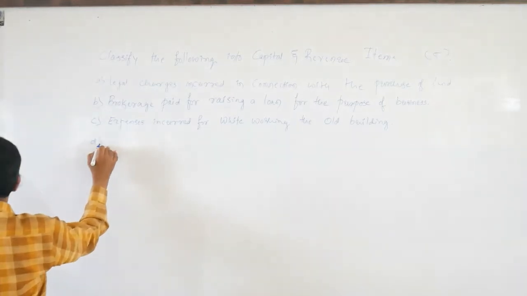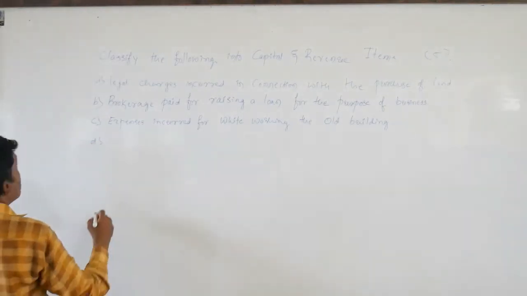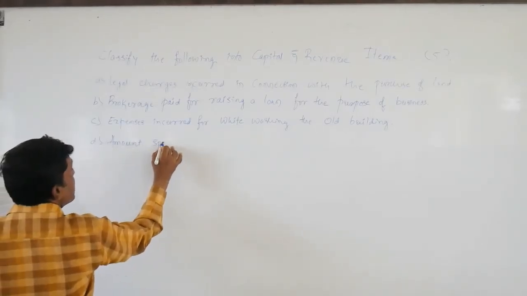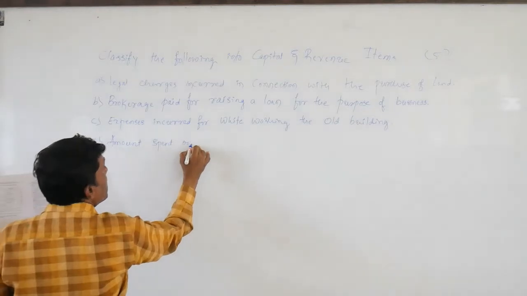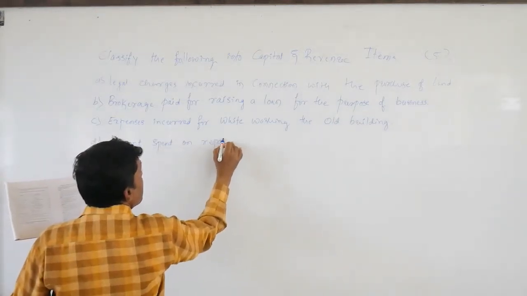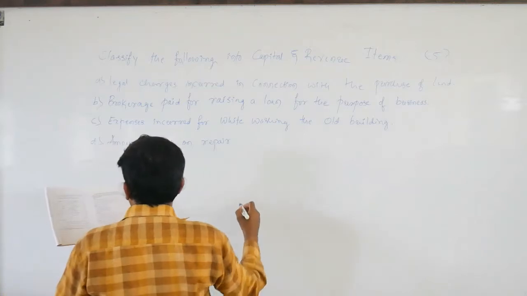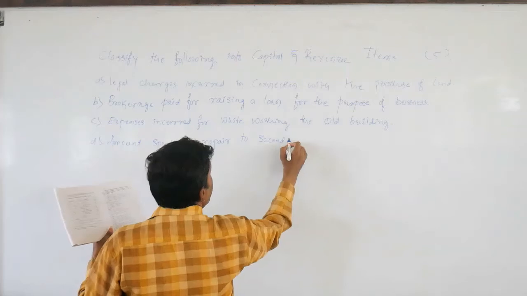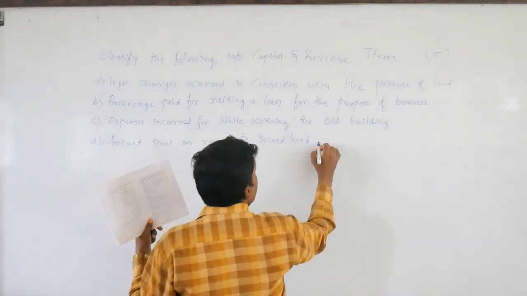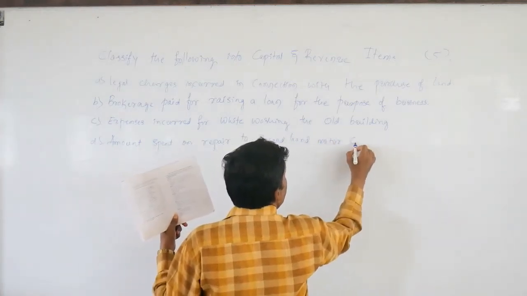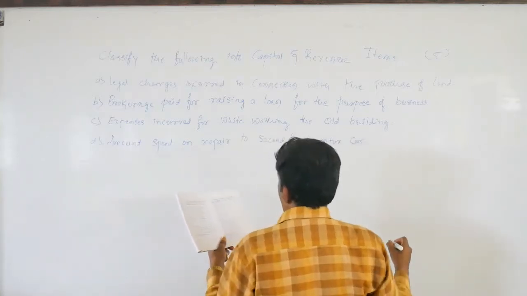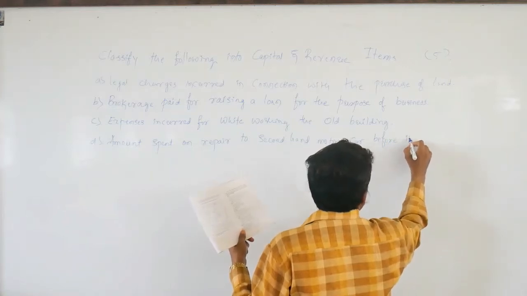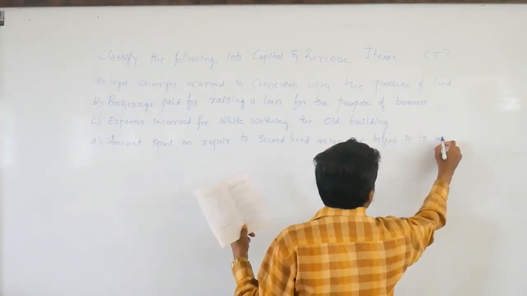Point number D, amount spent on repair to second-hand motor car before it is used.